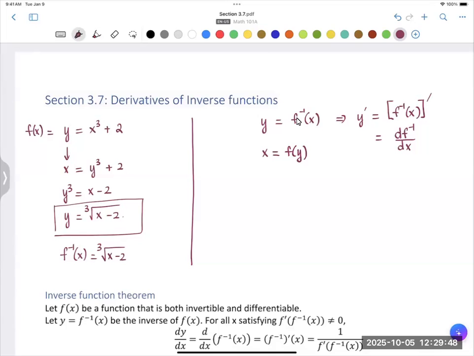The input of the inverse function is the output of the original. So they are just interchanging x and y. And now how are we going to find the derivative of this equation? To find the derivative, I'm going to apply the derivative on both sides.